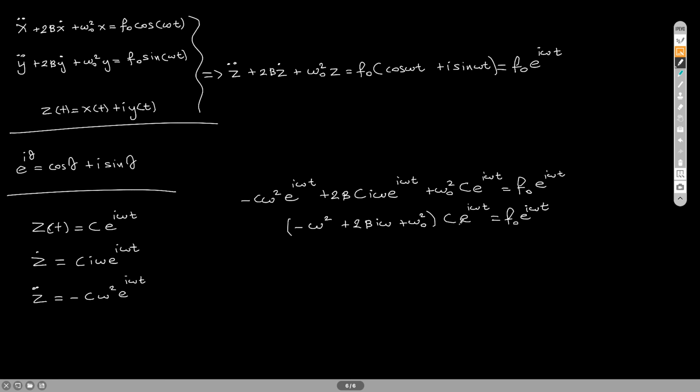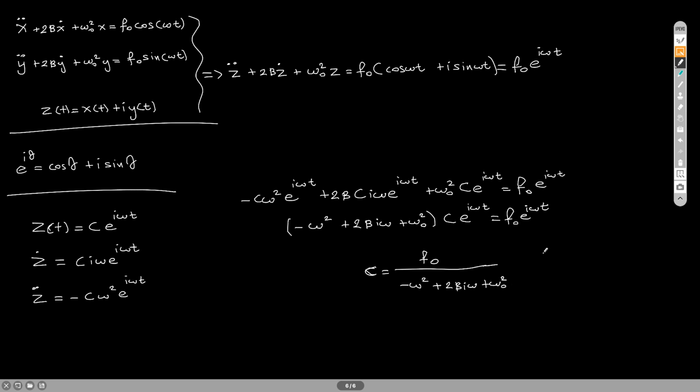And for this to be true, the constant C needs to be equal to f naught divided by minus omega squared plus 2 beta i omega plus omega naught squared. So this is the constant C that I need to include in my solution.